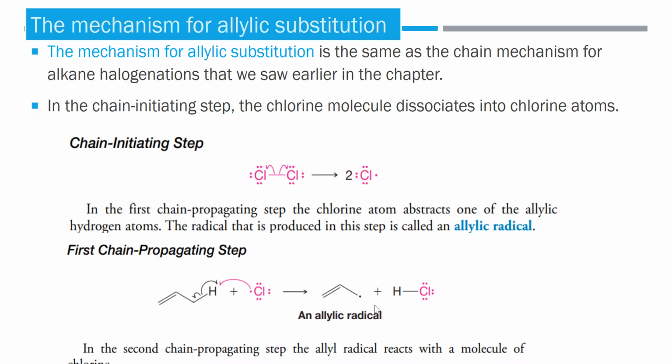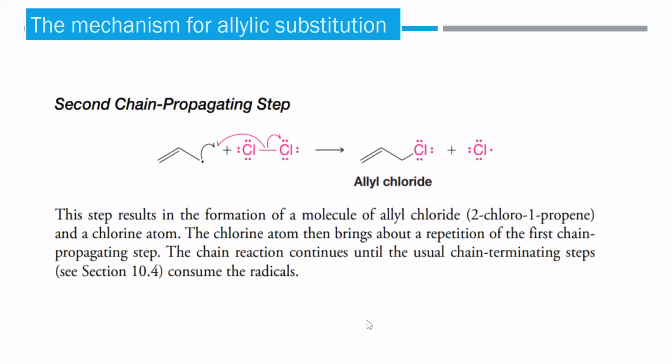Once you produce an allylic radical, it will react with another halogen radical to form, again you see the arrow, one dot and one arrow here, a homolytic bond formation. So one electron from the carbon and another electron from chlorine produce this carbon-Cl bond. Since one electron from the chlorine molecule is used to form a bond here, from the homolytic bond cleavage, the other chlorine will get an unpaired electron.